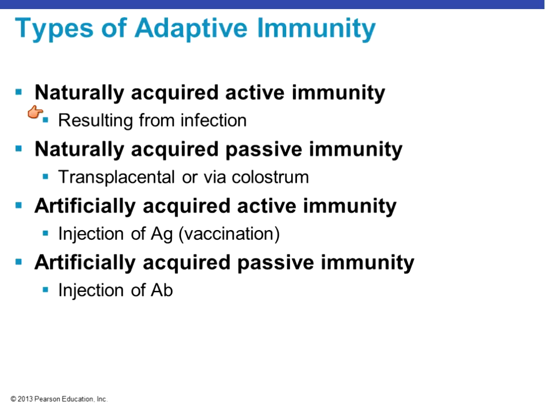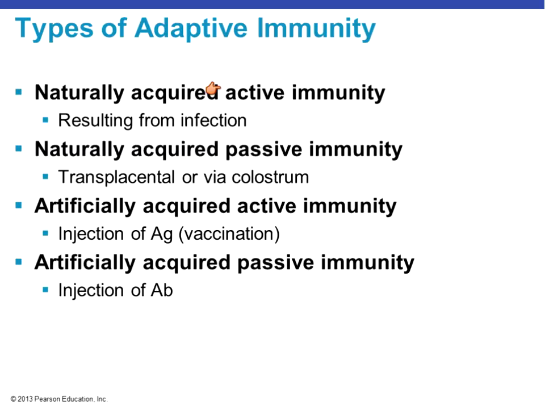So you get the infection, and then you actively make your own antibodies as a result of that infection. Naturally acquired passive immunity means that you get these antibodies, but you didn't make them yourself. So you just receive them through the placenta if you're a fetus, or through the colostrum, or through the breast milk. So we can pass those antibodies on.